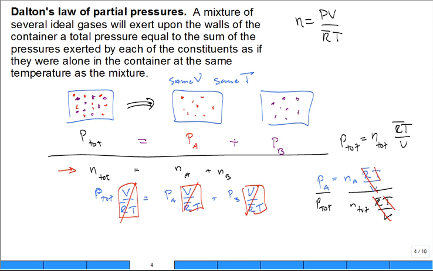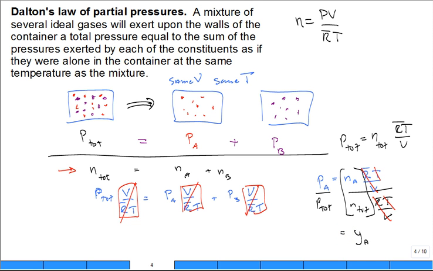And what we're left with is this ratio right here. Number of moles of A divided by the number of moles total. What is that? Is that Y sub A? Is that the mole fraction? Yeah.